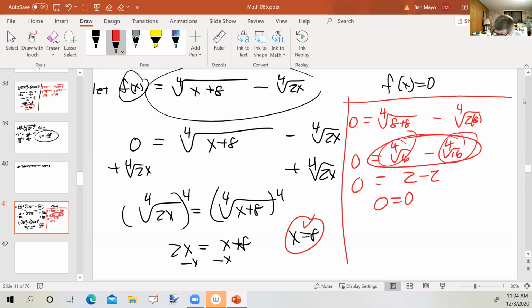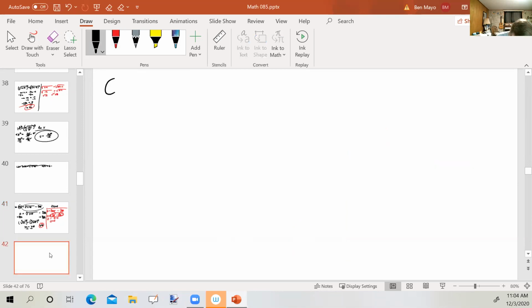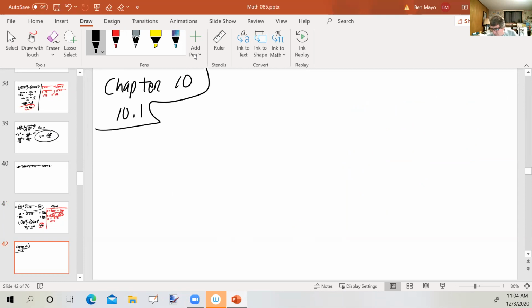Okay, let's go on to chapter 10. And let me get started here. So we're going to start chapter 10, and we're going to take a look at section 10.1. And as I say, we'll get as far as we can, and we'll pick it up tomorrow. 10.1 was using the square root property.